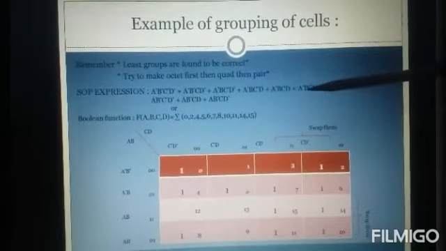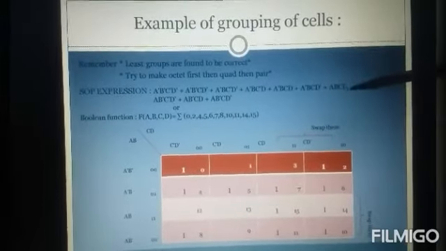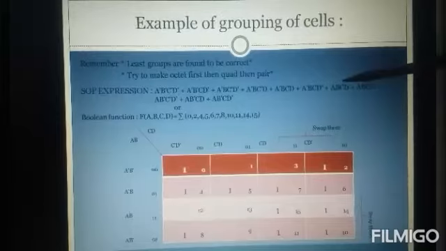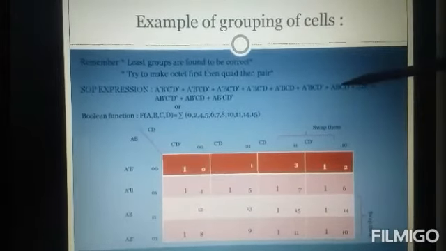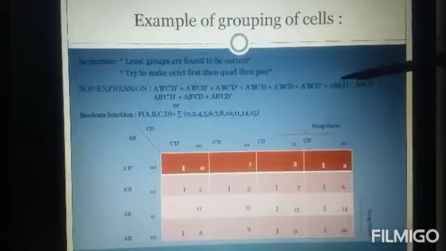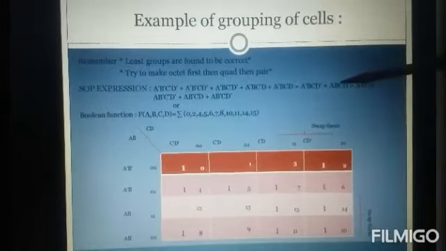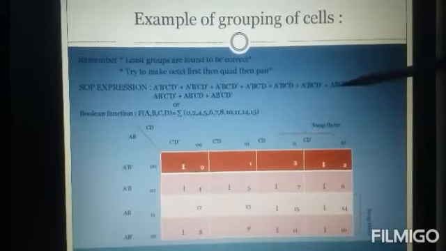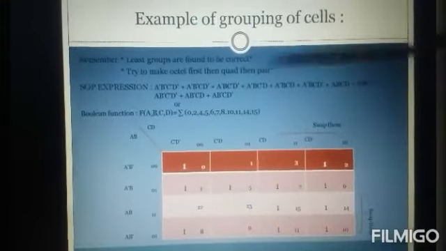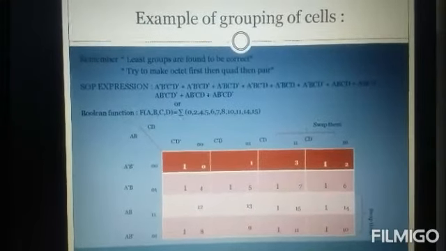If we have one question that somebody provides us SOP expression, and then according to this SOP expression we have to solve a K-map, then first of all what we have to do, we have to fill 1 in this position. See, first one is a dash, b dash, c dash, d dash.